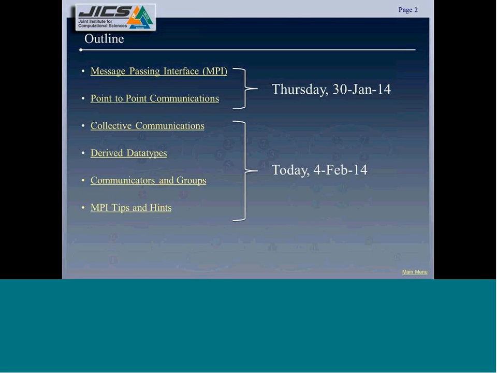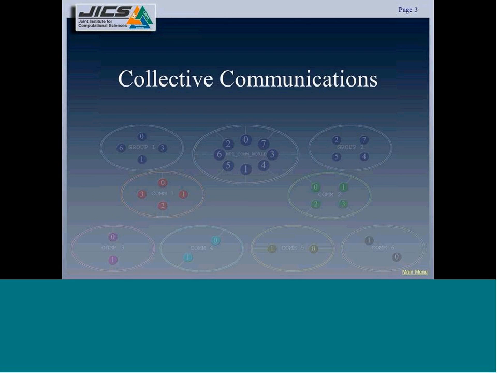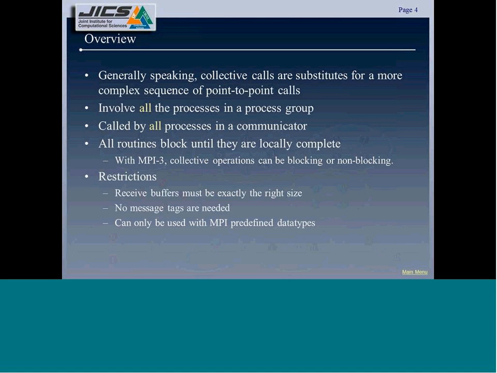I promised that today we'll be talking about collective communications and derived data types. It looks like we might have time to talk about MPI-2 sections as well. We're talking about collective communication.